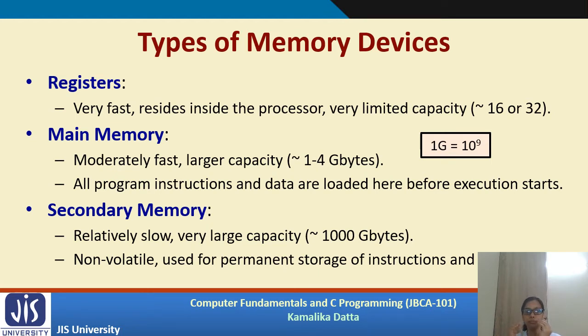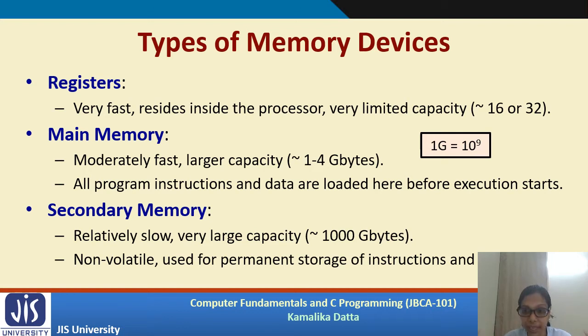But we really cannot store everything in main memory. So what needs to be done? We need more memory. More memory is desirable all the time, but as I told you, we cannot have larger registers, so high-speed memory is limited. Then we have main memory, which is lower speed than registers, but still higher speed.